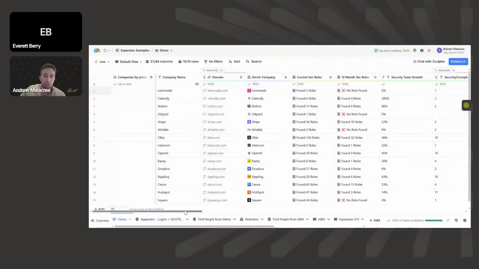Starting from even the less exciting but really core data points, we're getting a clean and valid domain here. Now, again, it's not the world's most exciting data point, but it's really important because if you think about how I reconcile accounts in my CRM and how I match those accounts in other databases, having a clean domain is absolutely essential.